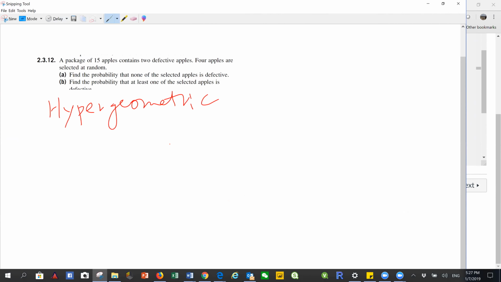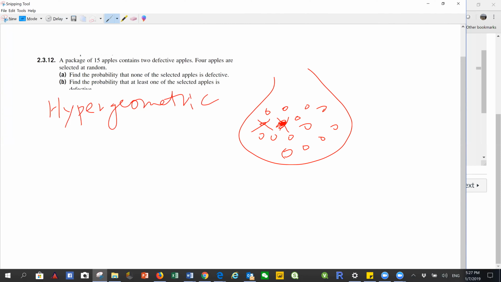All right, so here's an urn. You have 15 apples, but 2 are defective. Let's say these are the bad apples.